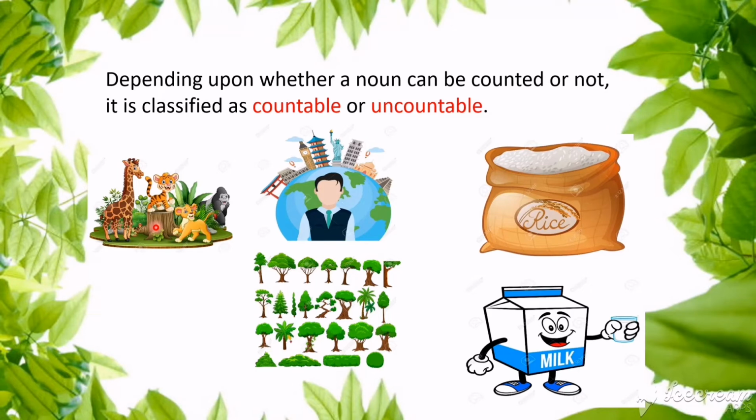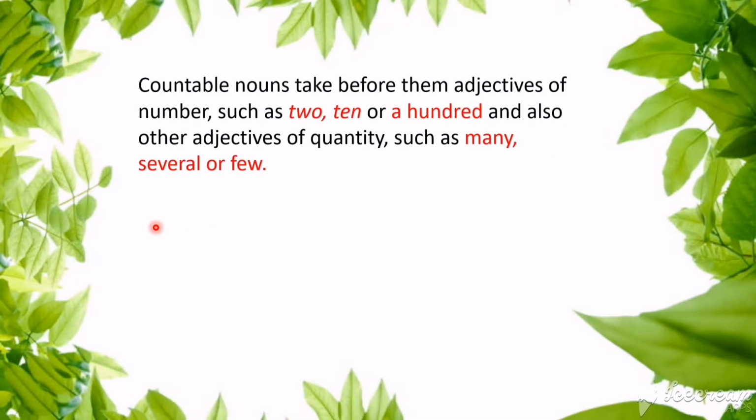So things like rice and milk cannot be counted, therefore they are called uncountables. And things like animals, people, places, trees, and other things which can be counted are called countables. So from this I hope you are clear with countables and uncountables.